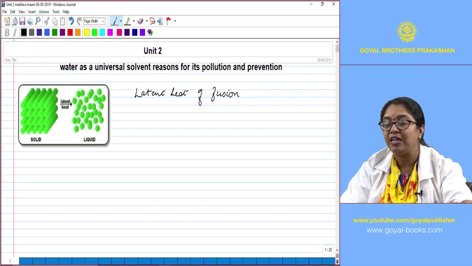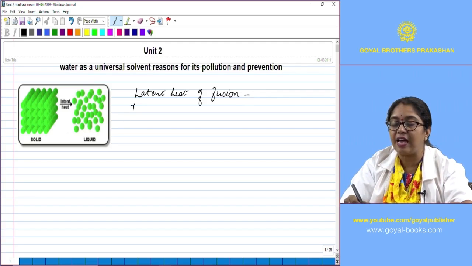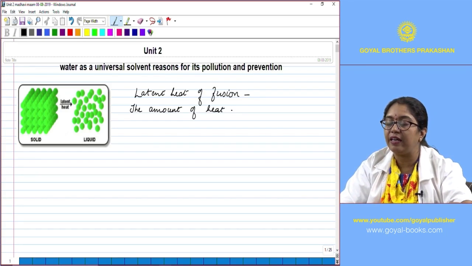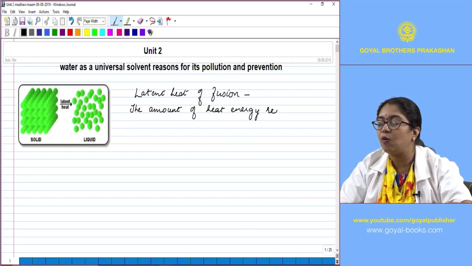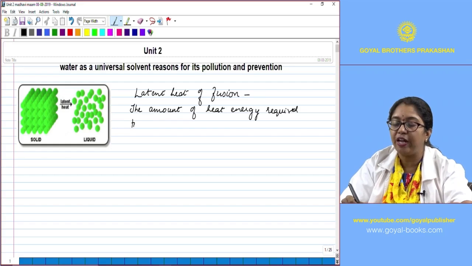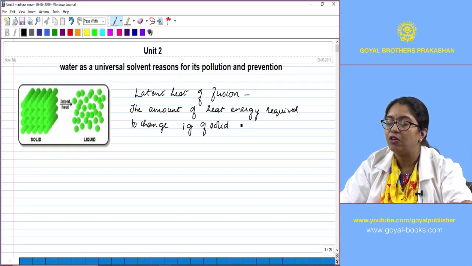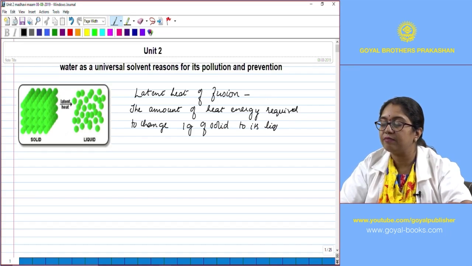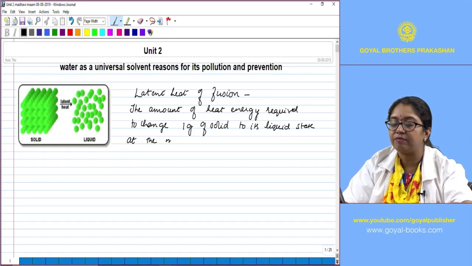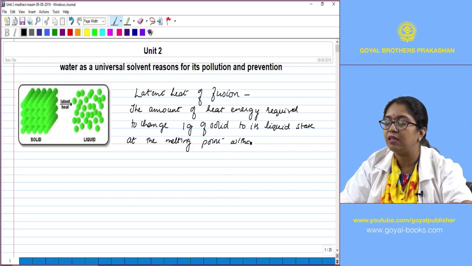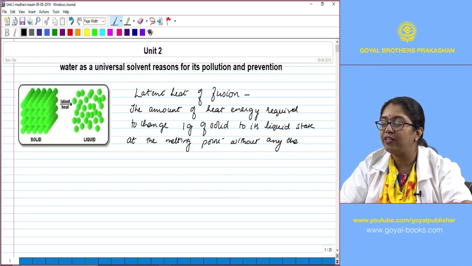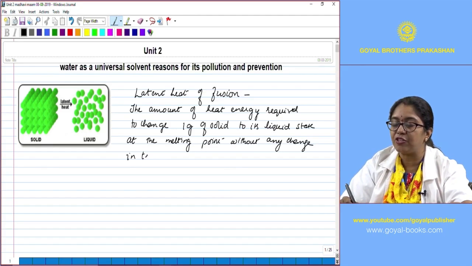So latent heat of fusion is defined as the amount of heat energy required to change 1 gram of solid to its liquid state at the melting point without any change in temperature.